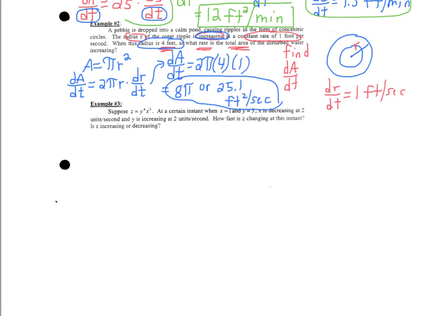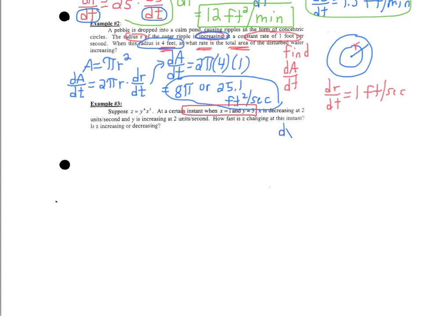Now they just give us an equation with 3 variables in it. So we don't have to actually find the relationship. They give it to us. At a certain instant, when x equals 1 and y equals 3. So at this instant, this is information we're going to hold off on using until later on. But we know that at this instant, x is decreasing at 2 units per second.